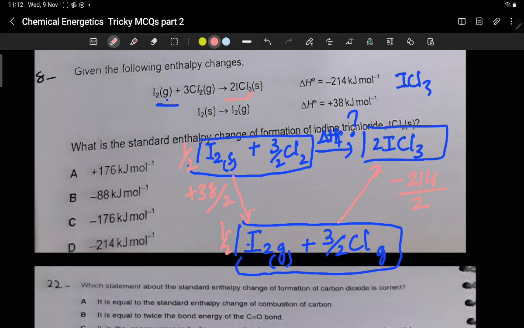What is the initial point? It is this. And the final point is this.